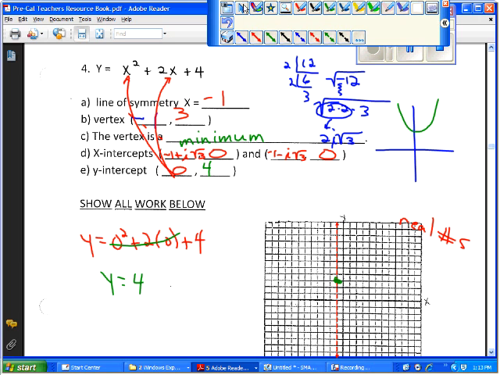So the y-intercept is (0, 4), which we could plot. There's the origin, up 1, 2, 3, 4. And again, the best we can do just graphing from what they gave us is we could have done a little reflection there, right? With that point, we could have reflected it across, as somebody said a while ago, and try to do a little bit better job. Okay? Any questions there?